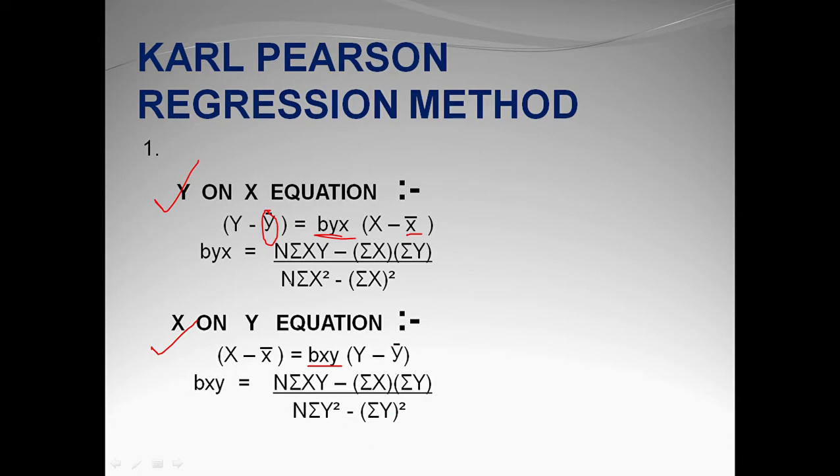Now the difference between both equations, byx and bxy, is that here in the denominator it is summation of x square and summation of x whole square, and in this formula we have the summation of y square and the summation of y whole square.